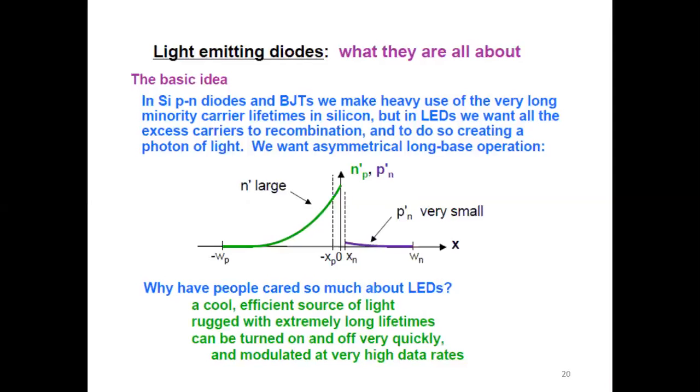We want asymmetrical long base operations. What you get out of that is a cool, efficient source of light, which is extremely tough with extremely long lifetime, can be turned on and off very quickly, and modulated at very high data rates.